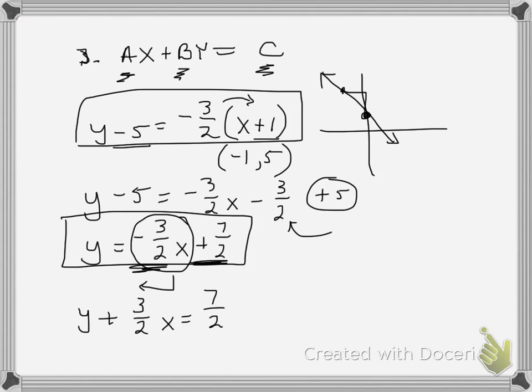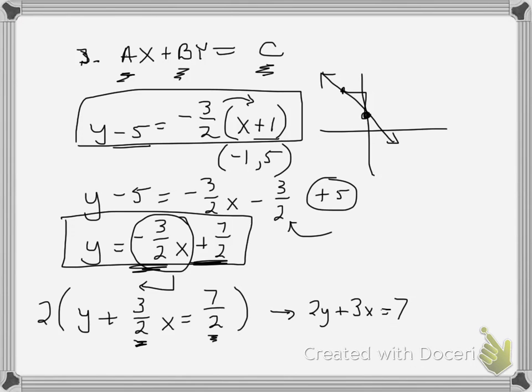But what I need is to have it all in integers. So I would need to get rid of my fractions by multiplying everything on the left and the right by 2 in this case. So I would go ahead and get 2y plus 3x equals 7. You see how that works?